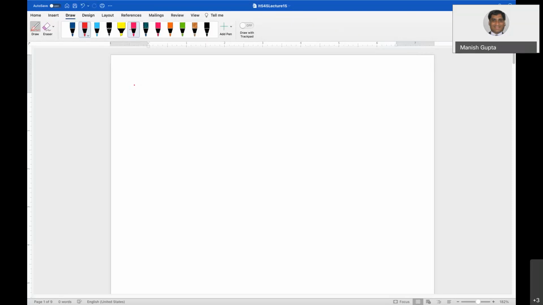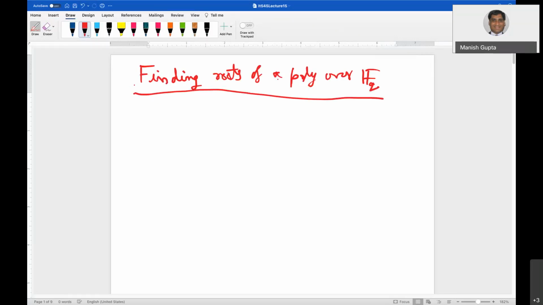Basically, I want to find roots of a polynomial over a finite field with q number of elements. We will see how to do that.